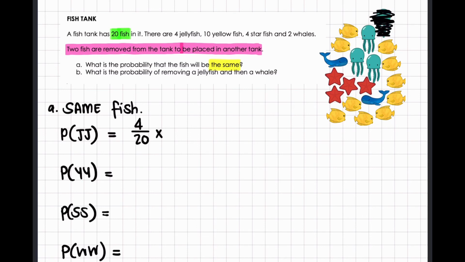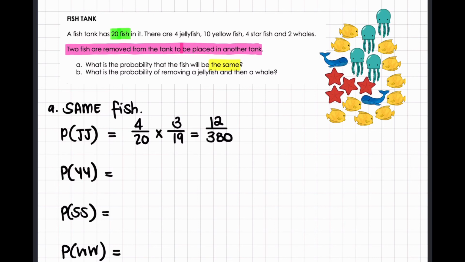So now we can clearly see that we are left with 3 jellyfish in the tank. Okay, and now we don't have 20 fish in the tank anymore. Now we only have 19 fish. So 4 over 20 times 3 over 19 gives me my 12 over 380. All right, so that's if both fish were jellyfish.